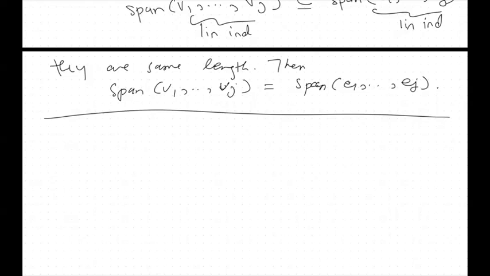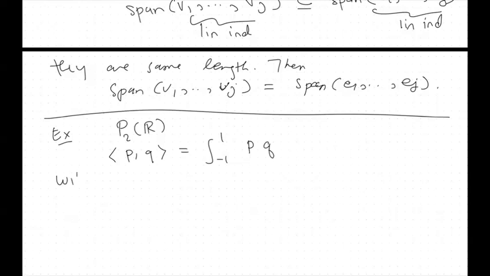So let us consider our space of polynomials of degree at most 2, and then define the inner product of p and q by the integral from -1 to 1 of p times q. Then we will apply the Gram-Schmidt process with the standard basis for the polynomials 1, x, x squared.